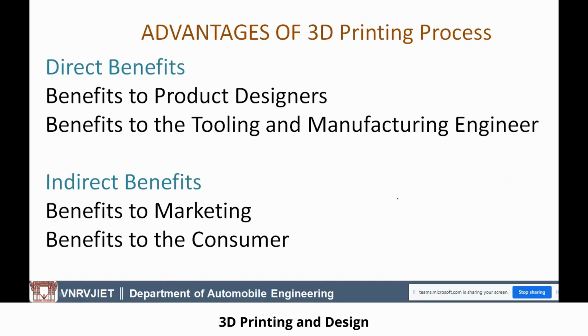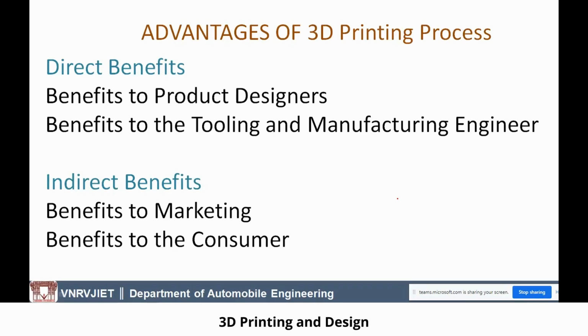So what are the advantages of the 3D printing process? The direct benefit is to the product designer, because whatever product he is going to design, he can test it very quickly and easily. In olden days, once the product design was there, he had to produce one component with metal or some other materials, and then do testing, and producing and testing would take more time.